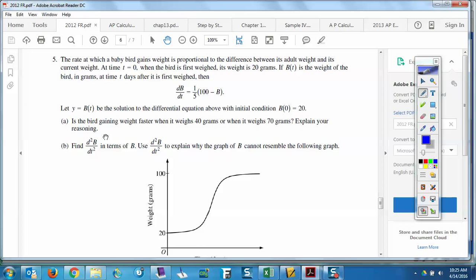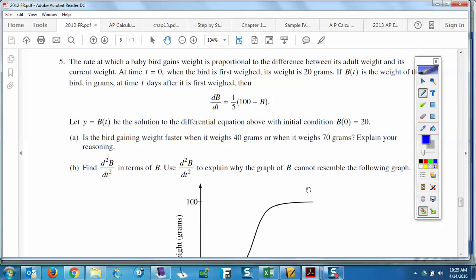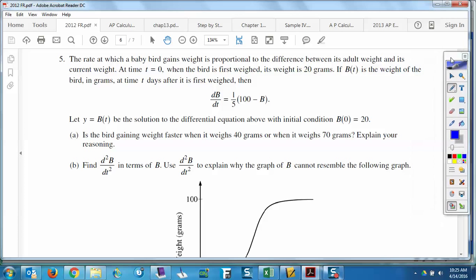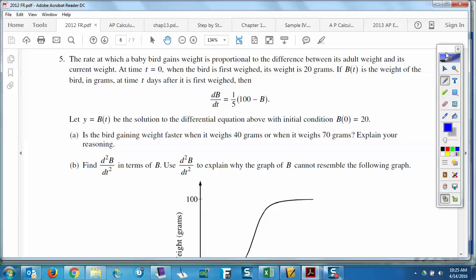Let's go to problem number 5. Okay, with the baby bird. The rate at which a baby bird gains weight is proportional to the difference between its adult weight and its current weight.